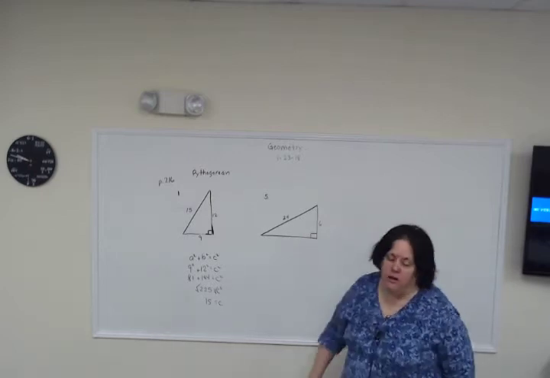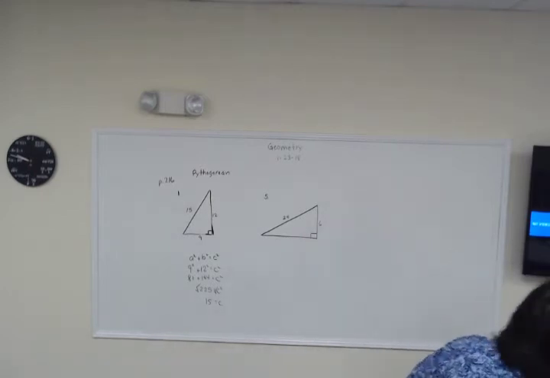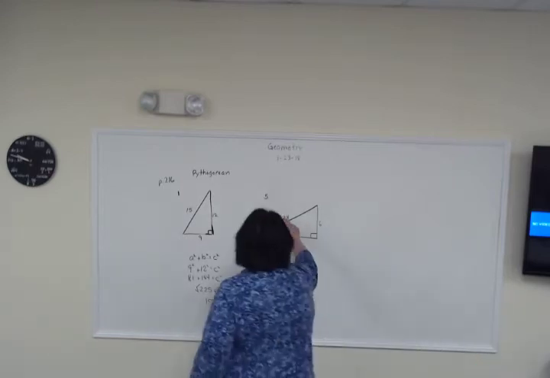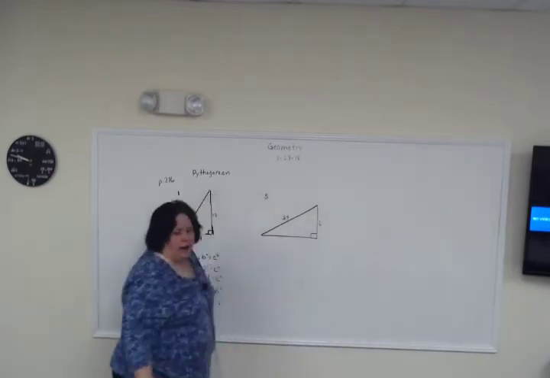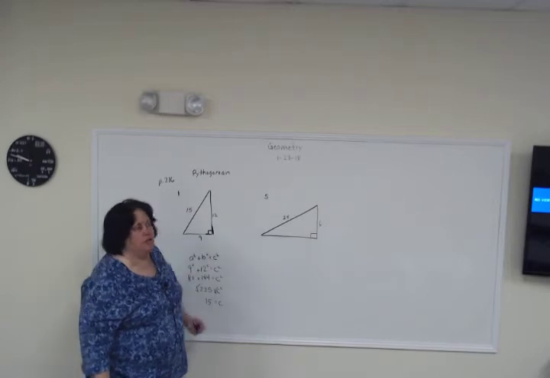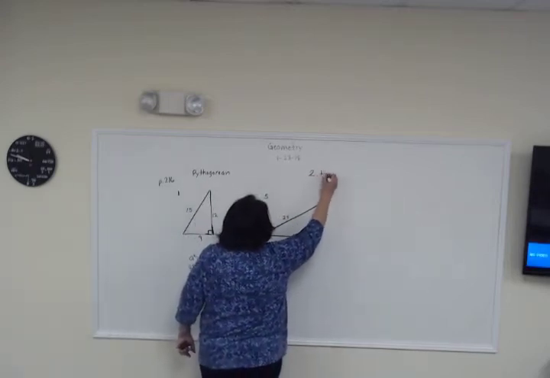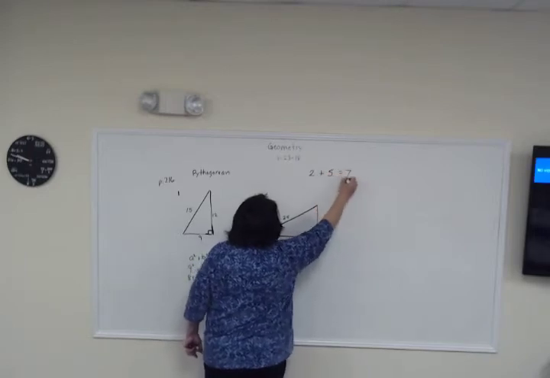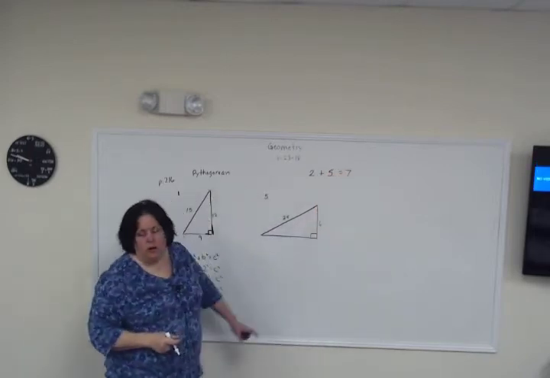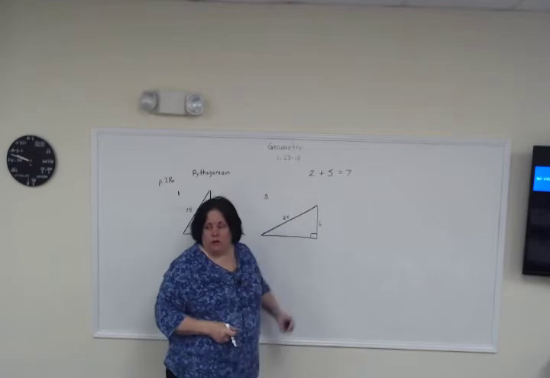Okay, so now if we take a look right here, we have the hypotenuse and one leg, right? Now let's review this. 2 plus 5 equals 7, right? A part plus a part equals a whole.